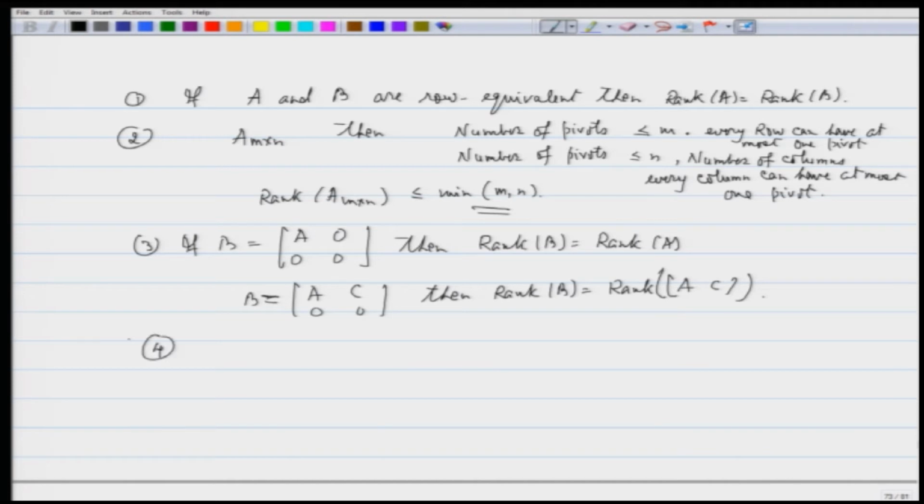4. So, this part, the first part says that they are row equivalent. Row equivalent means I am multiplying by invertible matrices. So, when I am multiplying by invertible matrices, the rank does not change.